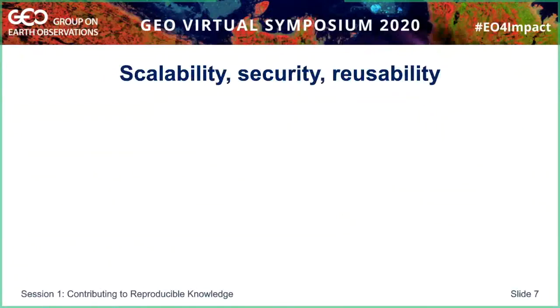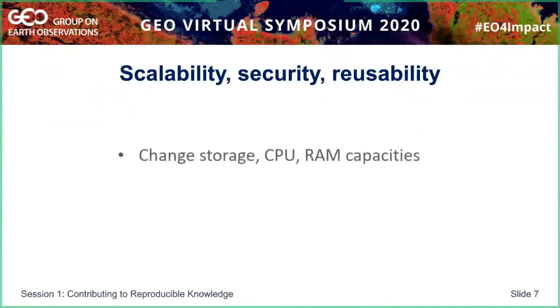Another point is scalability, security, reusability. In the cloud, you can easily change storage, CPU, and RAM capacities. So if you want to first run a small test site with a few tiles, maybe only 1 month, you can just have a few resources.